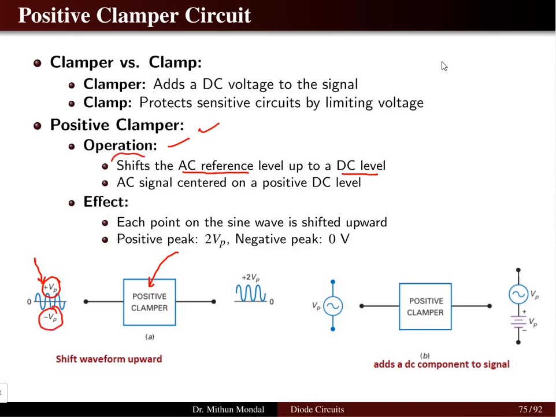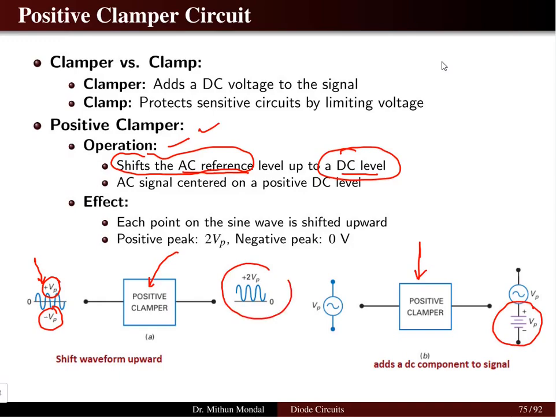If we want to shift the AC reference voltage up to the DC level using the positive clamper, we can think that we are adding a DC voltage of plus Vp. So the voltage that we get at the output is basically twice the maximum voltage we have applied at the input side. So the AC signal is centered on the positive DC level.